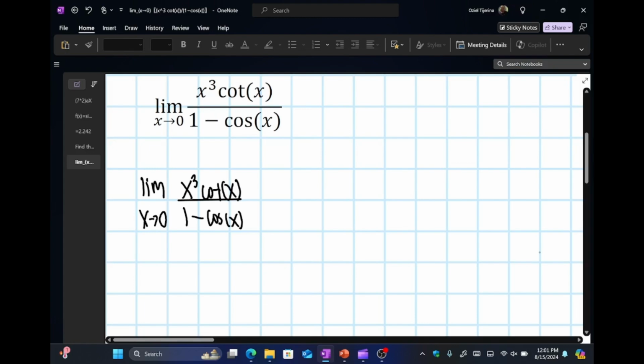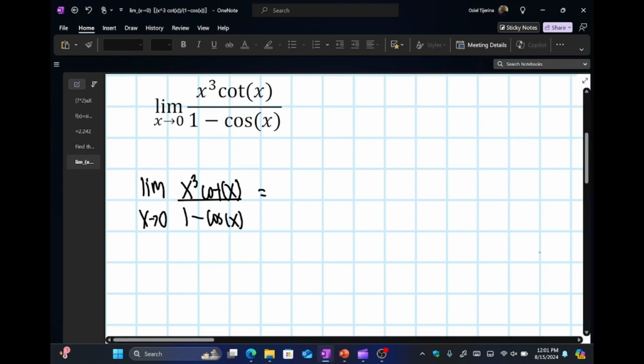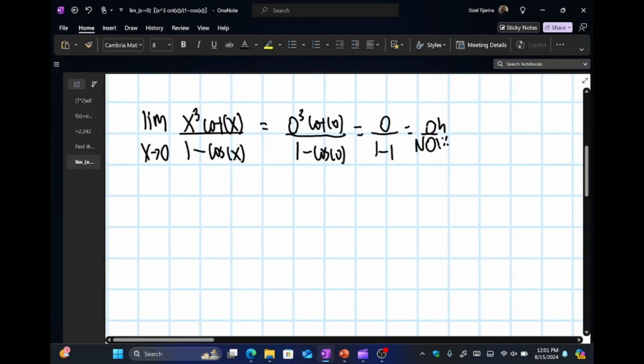Now, obviously when we do direct substitution, we get 0 over 0, which is, oh no, right? So we would do 0 cubed cotangent 0 over 1 minus cosine 0. 0 cubed cotangent 0 is 0, and 1 minus cosine 0 is 1 minus 1, which is 0. So we get 0 over 0. Here, we want to do something different, right?